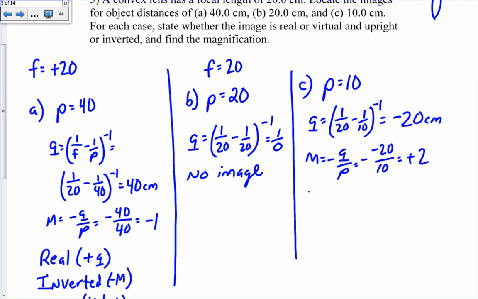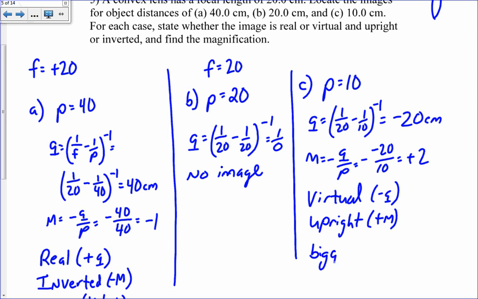So I have a virtual image, virtual because Q is negative. I have an upright image, upright because M is positive, and it's bigger because the magnitude of M is bigger than 1. It's twice as big, in fact.